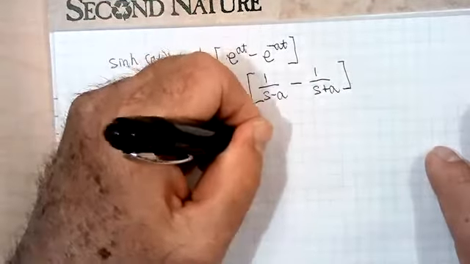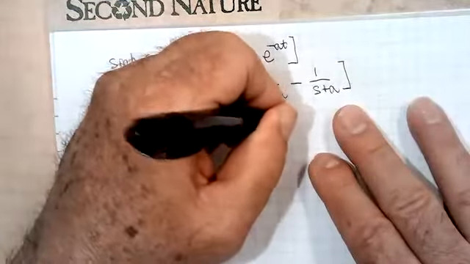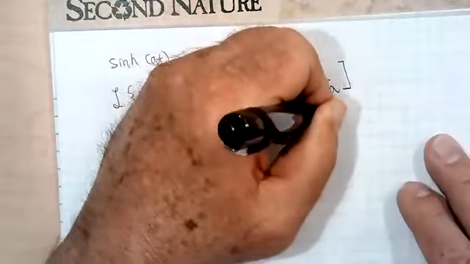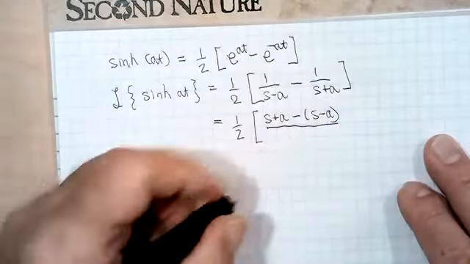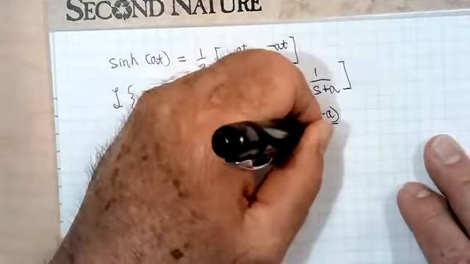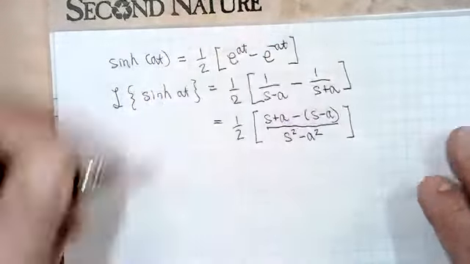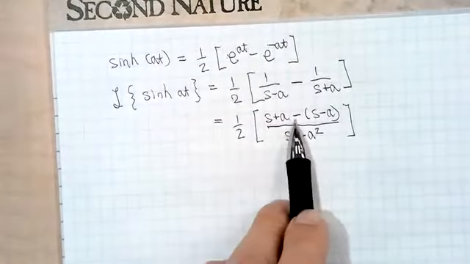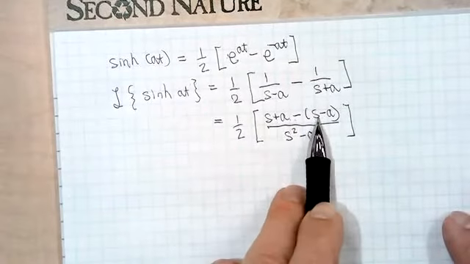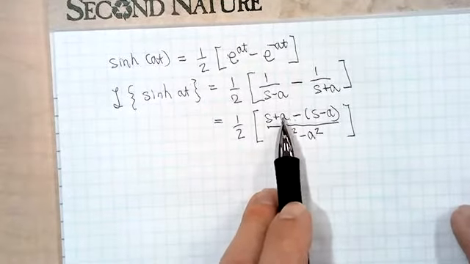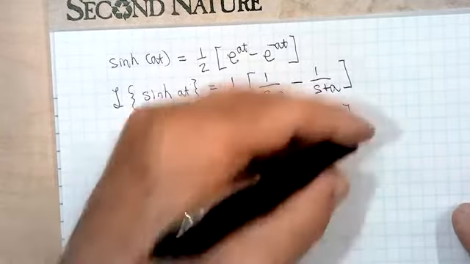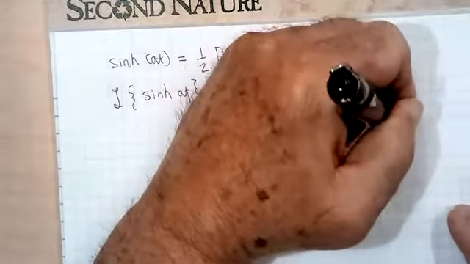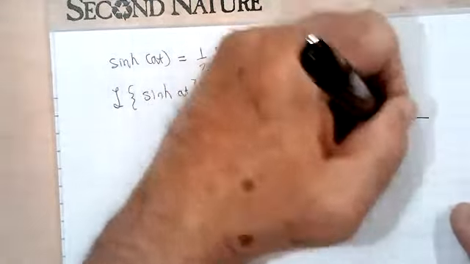We'll get in the numerator s plus a minus the quantity s minus a, over the product s minus a, s plus a, s squared minus a squared. But when you put these pieces together, s minus s is 0. Then you'll have a minus a, that's 2a. But the 2a divided by 2 is a. So that's a over s squared minus a squared.